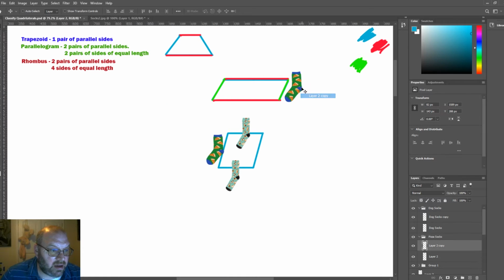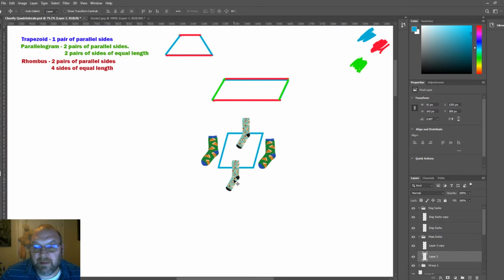And now, with our pizza socks, we got two pairs of parallel sides. Right? Do you see that? So, two pairs of socks. Do we have two pairs of socks here? Yeah. So that's four total. That's four socks total.